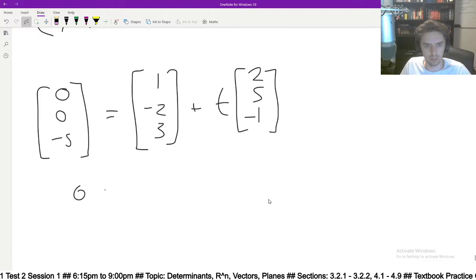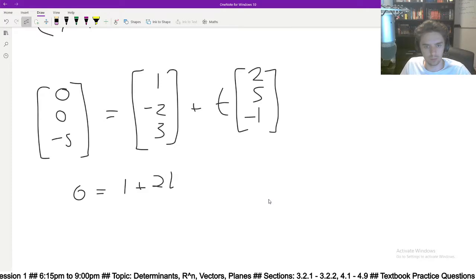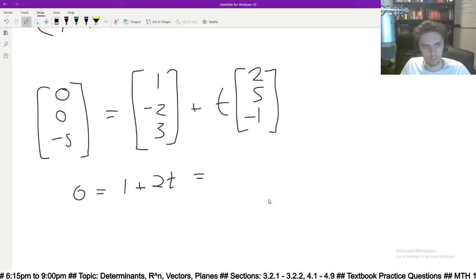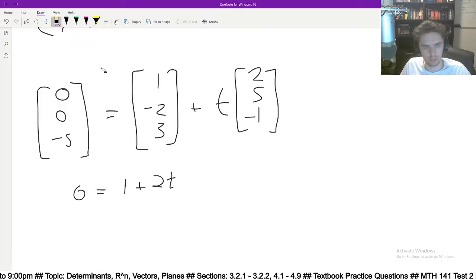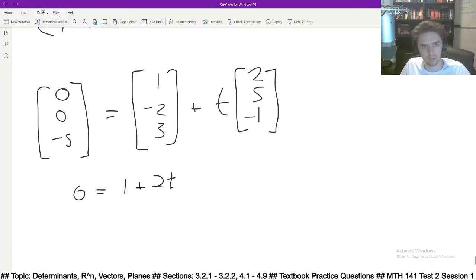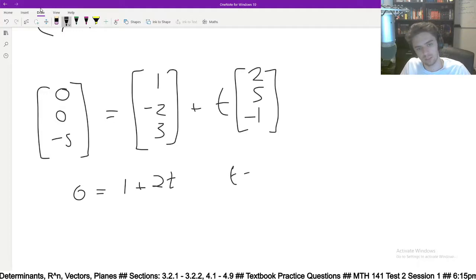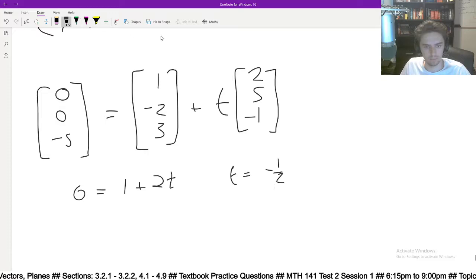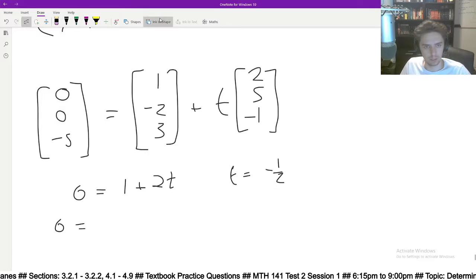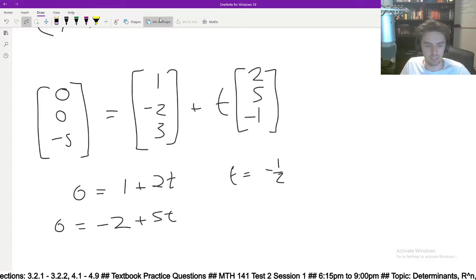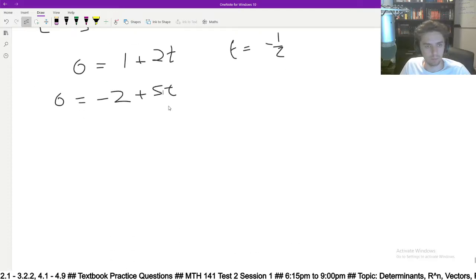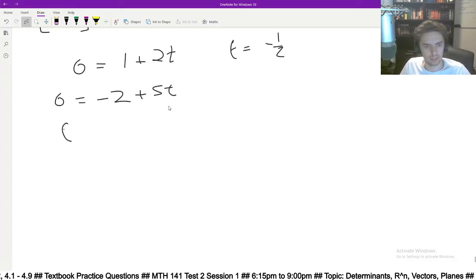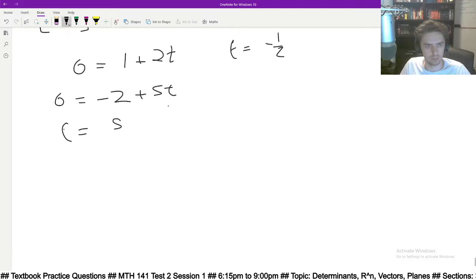So 0 equals 1 plus 2t. So t equals negative a half. Then 0 equals negative 2 plus 5t, so t equals 2/5.